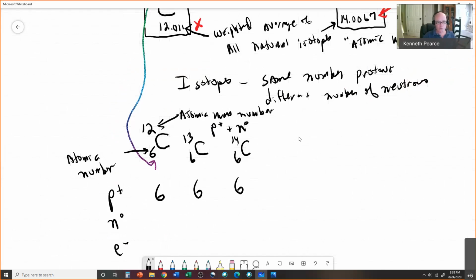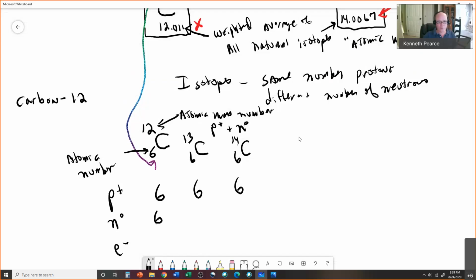And for carbon 12, and that's how we say it, carbon dash 12, that means it's carbon with an atomic mass number of 12. And we say it has 6 neutrons, because if you subtract off the protons from protons plus neutrons, what's left over is the neutrons.